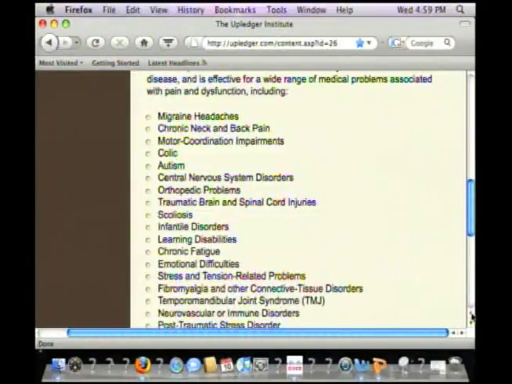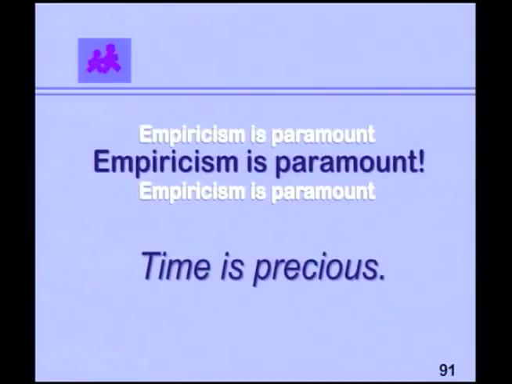It has some medical backing of someone who has credentials, but I would really question the empirical evidence of some kind of treatment that is effective for chronic fatigue all the way to autism and colic. So you're going to have to be mindful of the things that you see.